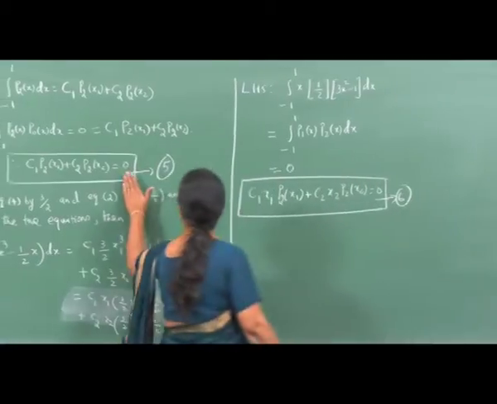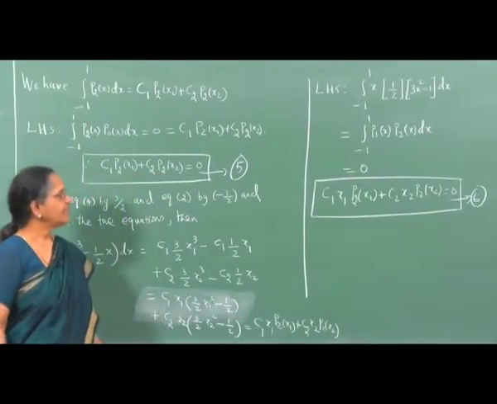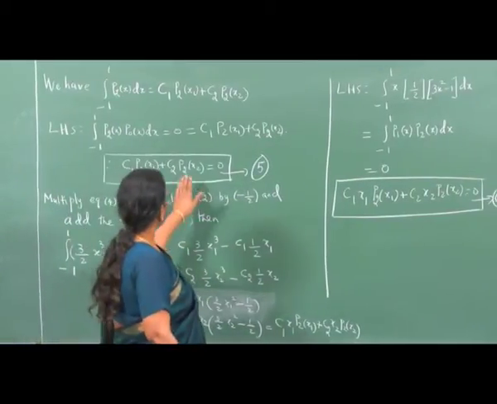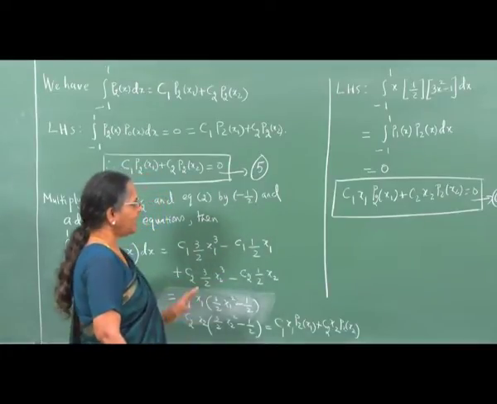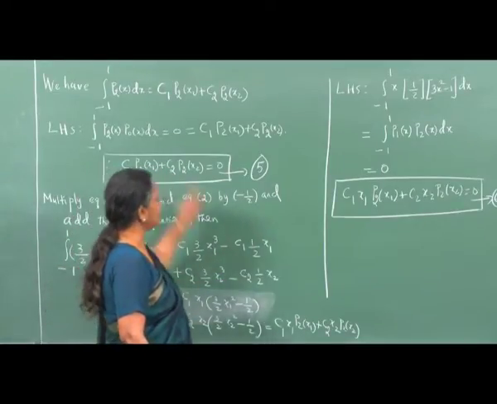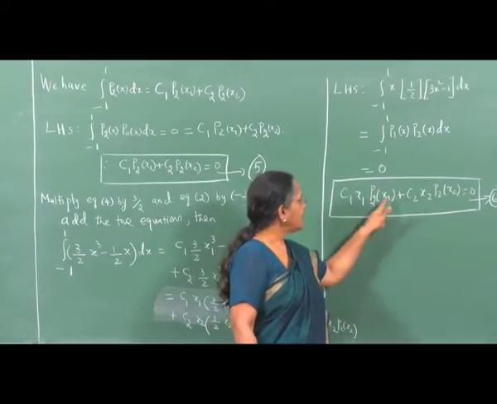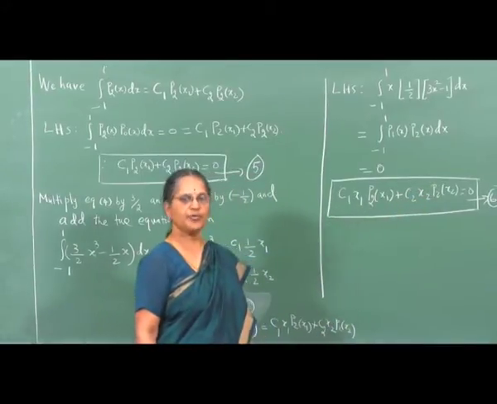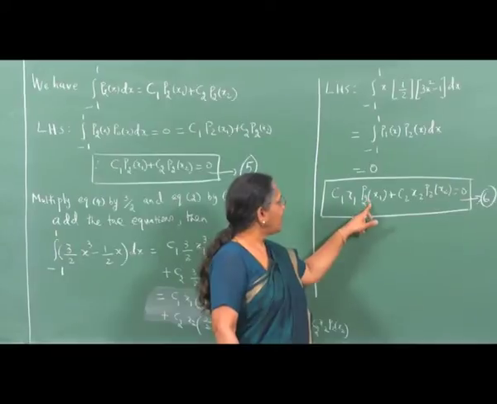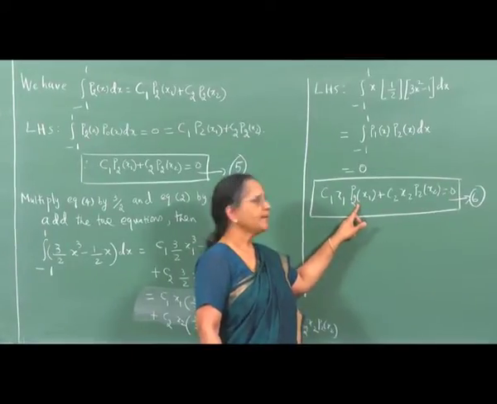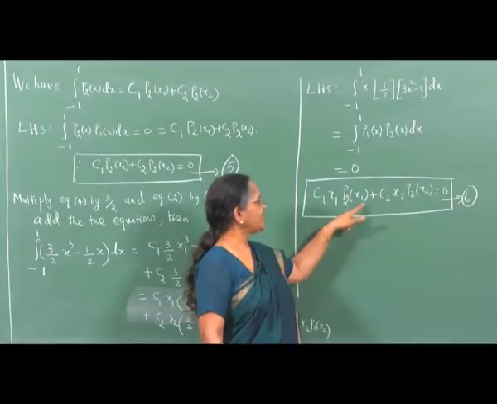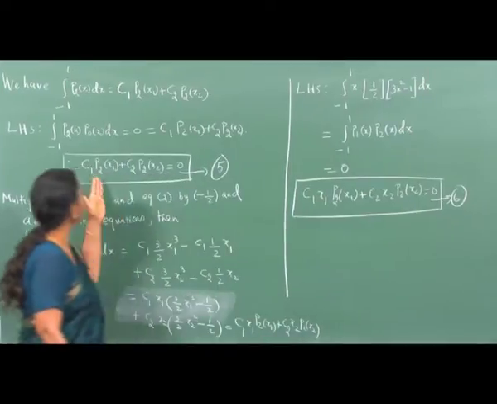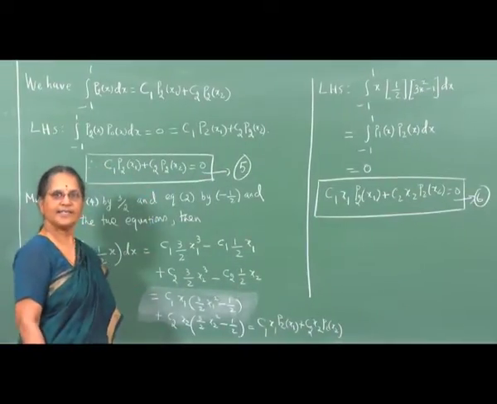Now, looking at equations 5 and 6, we observe that these two equations are identically satisfied for any choice of the constants C1 and C2 if we choose x1 and x2 to be the zeros of P2, namely the Legendre polynomial of degree 2. In which case P2 of x1 is 0, P2 of x2 is 0, and therefore this equation will be identically satisfied and this will also be identically satisfied.